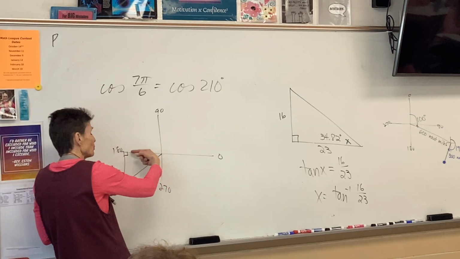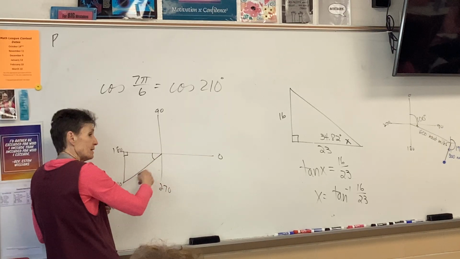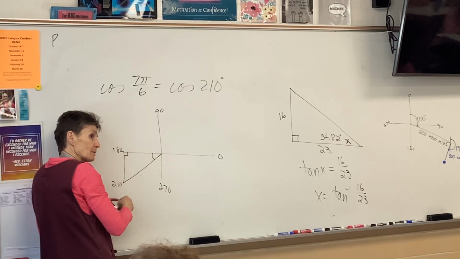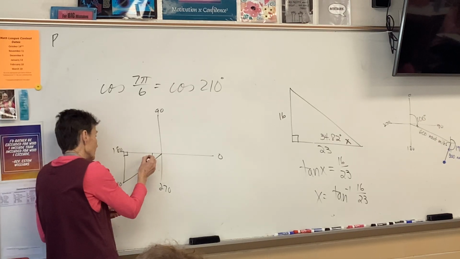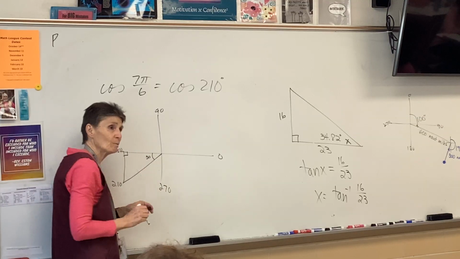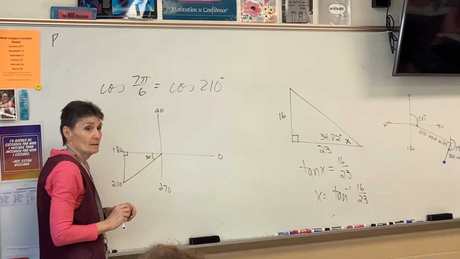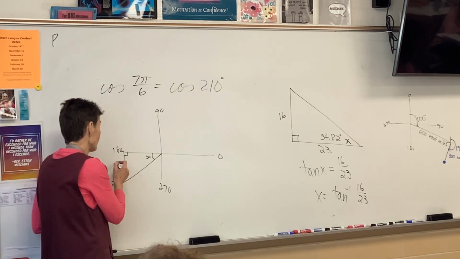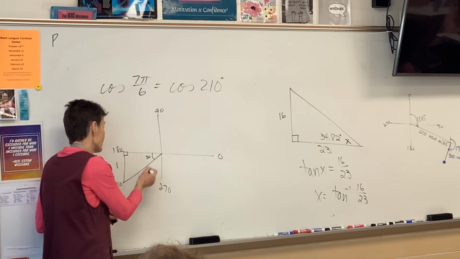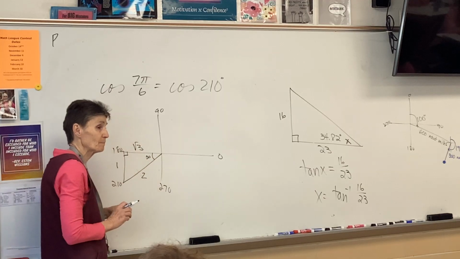It's the angle between 180 and 210. Well, how big is the angle from 180 to 210? 30. And then we remember that that's special. Across from the 30 is 1, hypotenuse is 2, other side is root 3.